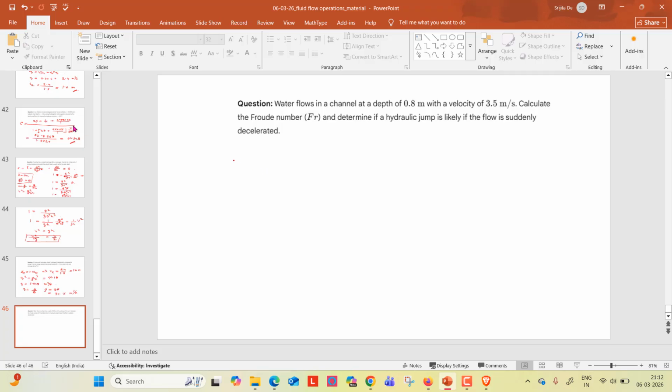So traveling wave velocity we have to calculate as the square root of GH. So it will be 9.81 into 0.8, which will be 2.81 meter per second.